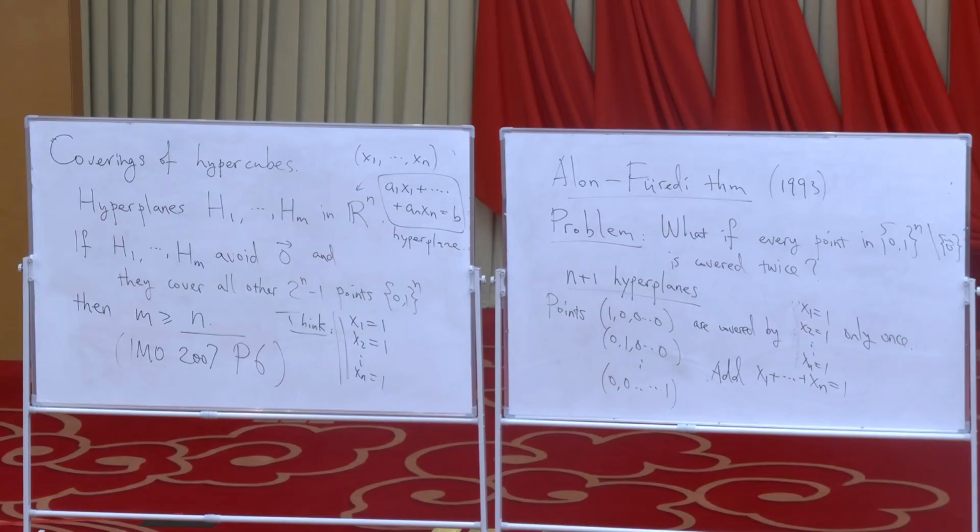So suppose I have a set of hyperplanes h1 through hm that covers all these points at least twice. What happens if I take away one of the hyperplanes? What happens?